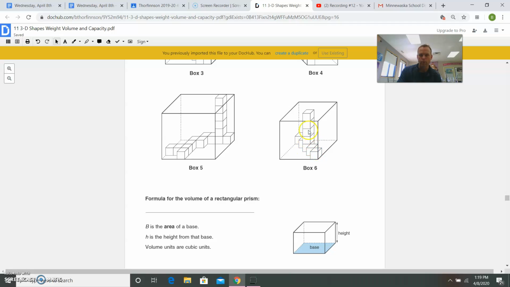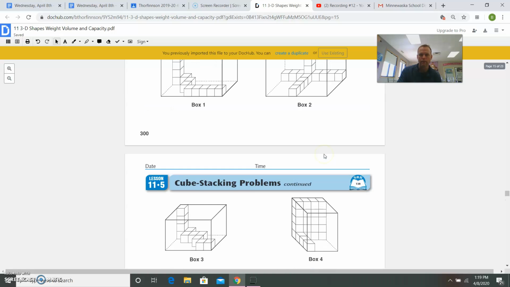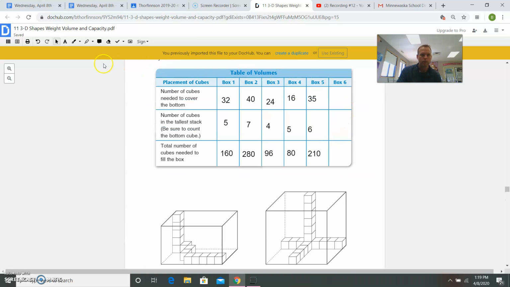Well, 1, 2, 3, 4, 5. So we said there was 25 to fill a layer. We said there were 5 total layers. 25 times 5 is 125 cubes to fill that whole box.